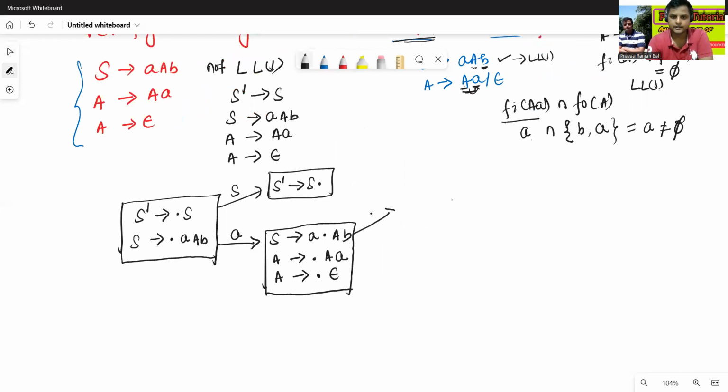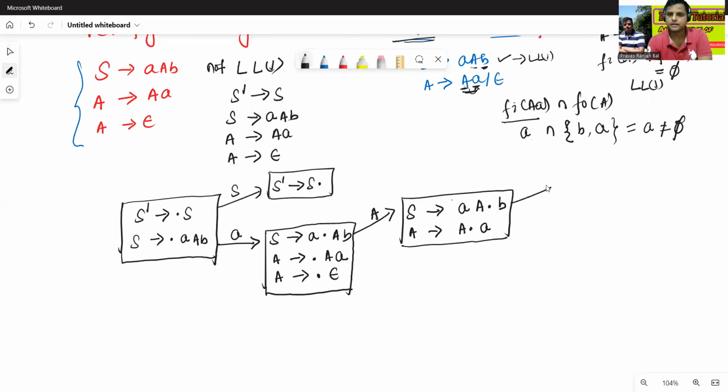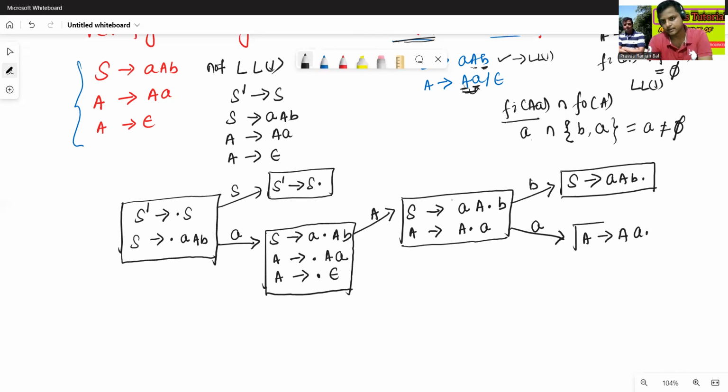Here we'll scan A again, so S → AA.B. Sorry, one more is there, so A → A.. Here again we'll scan B, so S → AAB.. Then here we'll scan again A, so A → A.. Now it is completed.